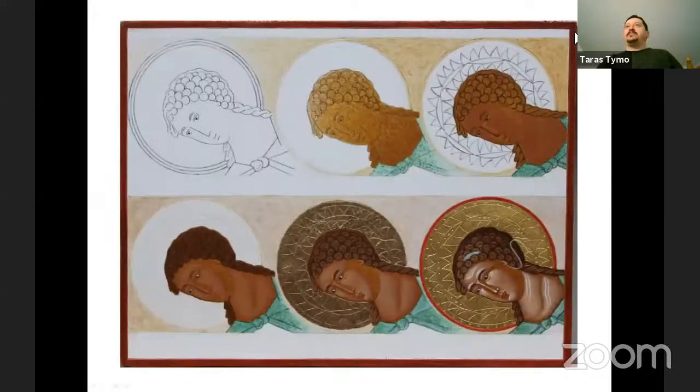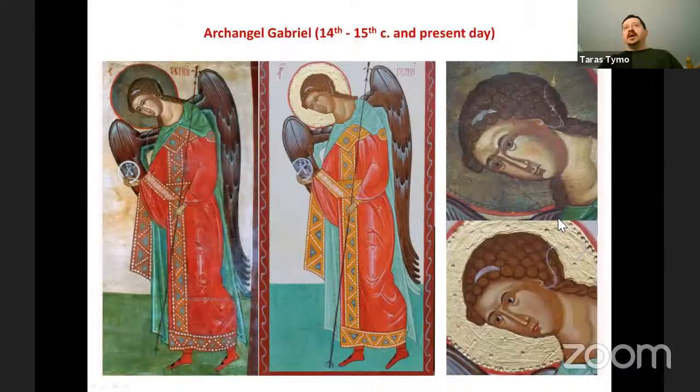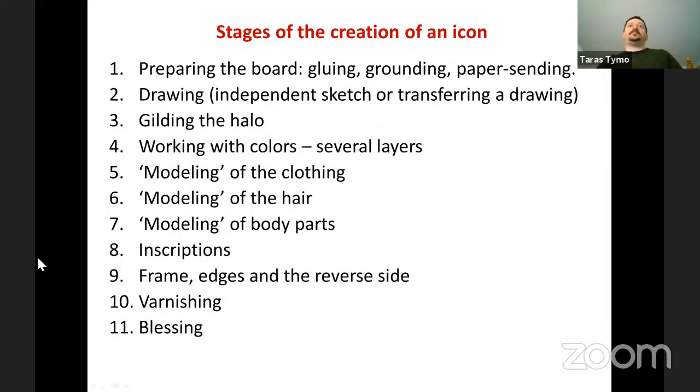Usually the frame is made with some kind of dark pigment like red or blue, and the back side of the icon is usually also covered with dark red pigment in one layer, just to cover the natural wood with something to tone it down a little bit.